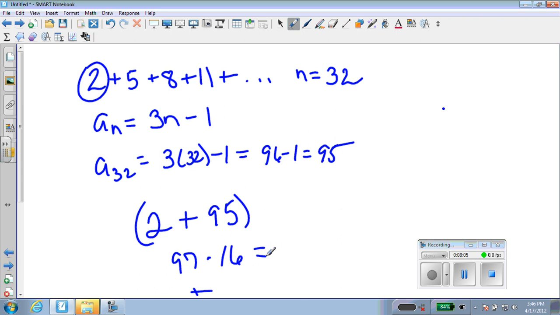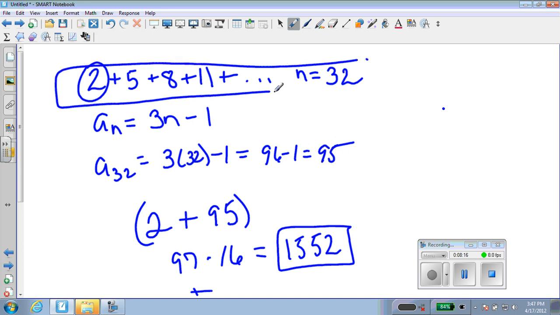And 97 times 16 is 1,552. So that would be the sum. Notice that when the problem came to me this way, and they asked for a sum, I had to generate the functional definition so that I could find the last term so that I could then run my process.